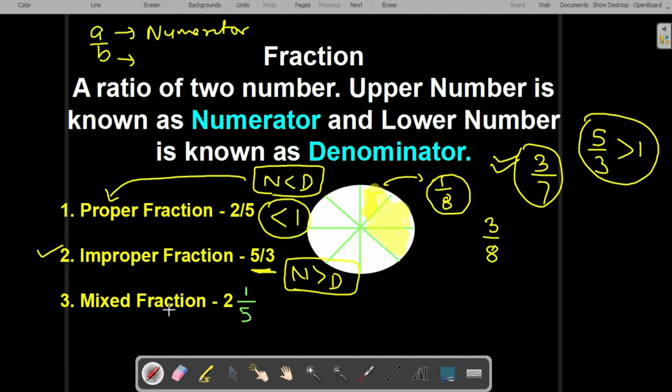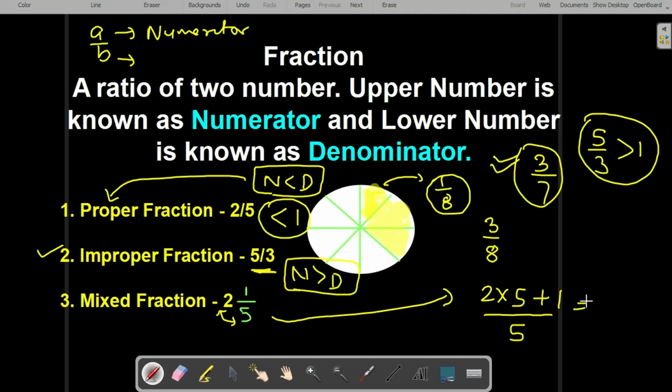And then the mixed fraction. A mixed fraction is nothing but, if you see 2 and then a proper fraction. We can convert this mixed fraction: whenever we get 2, 1/5, we write 2 into 5, we always multiply the whole number and the denominator, plus the numerator, upon the denominator.